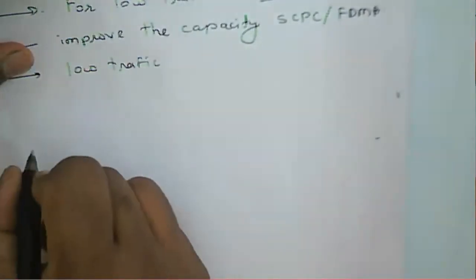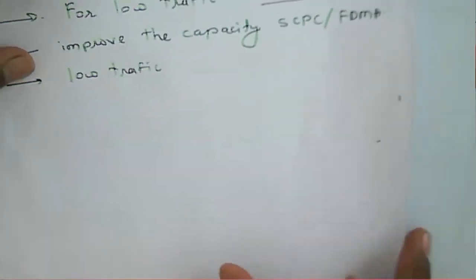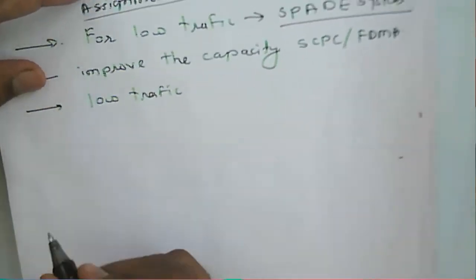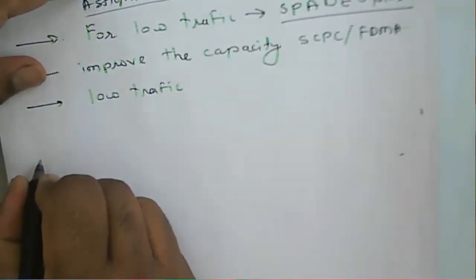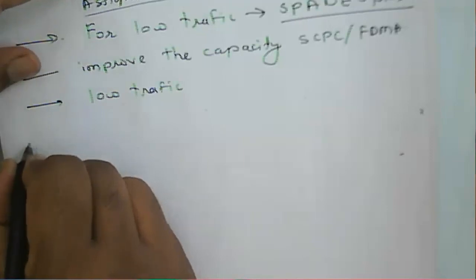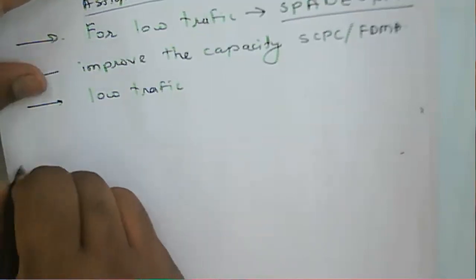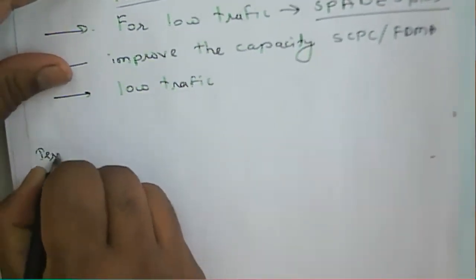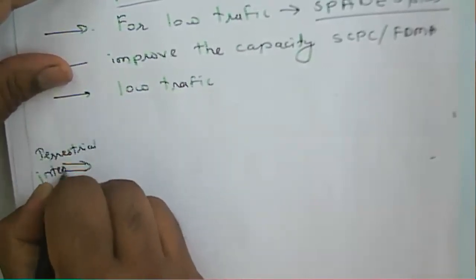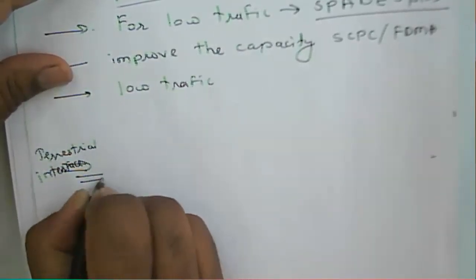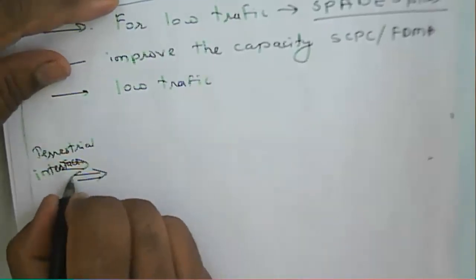So that is about the SPADE system. We'll just draw a SPADE system here for the transmission. So here is a terrestrial interface. Okay, this is about a terrestrial interface, 2-way now.